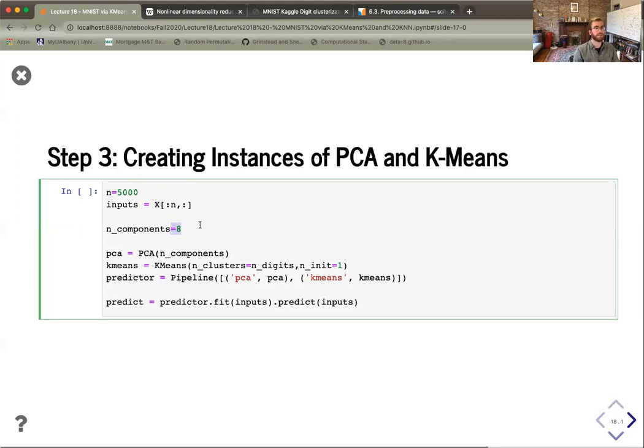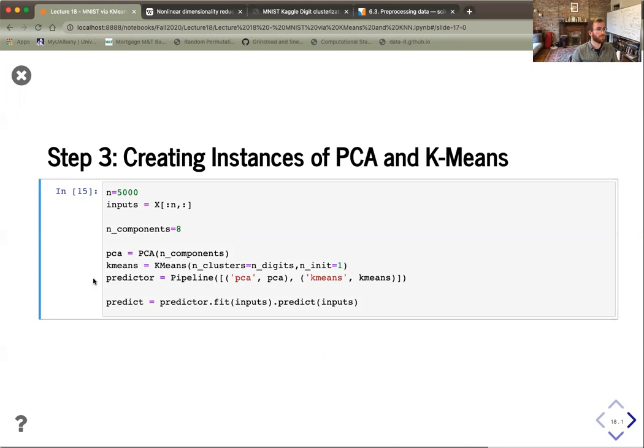But by doing principal component analysis, PCA, we can project this down to the most important or significant components. In this case, we'll do it to the first 8 most significant components. And then that's where we'll apply K-means. Because K-means inside of this 8-dimensional space can be much better behaved than inside of our 784-dimensional space.